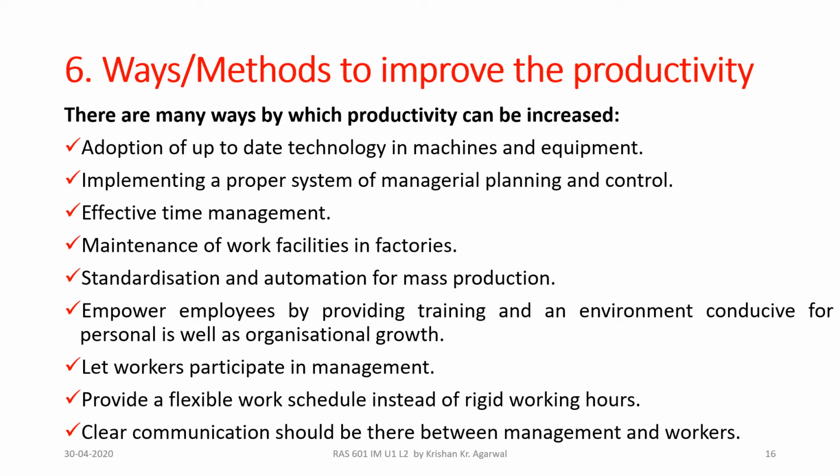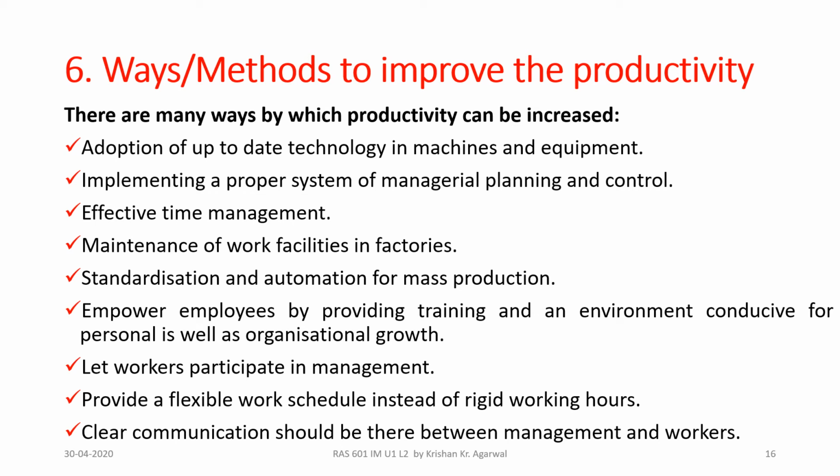In order to improve the productivity, there are various measures the management should take into consideration, like they can adopt up-to-date technology, they should implement a proper system of managerial planning and control, they should effectively manage the time within the plant and maintain all the work-related facilities in the factory.